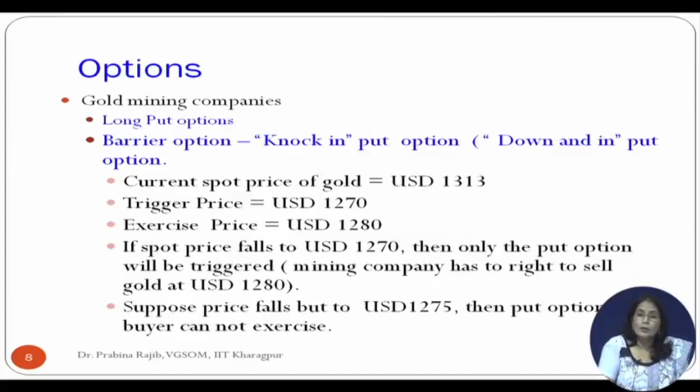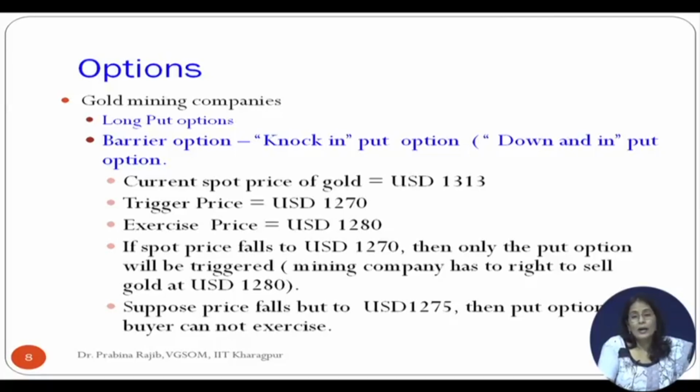Now all of us many times have discussed what is an option contract. In case of an exchange traded option contract, you have the underlying as the futures contract, but in case of an OTC contract, the underlying is the gold.